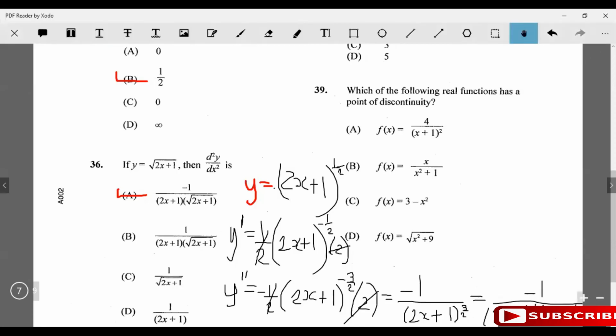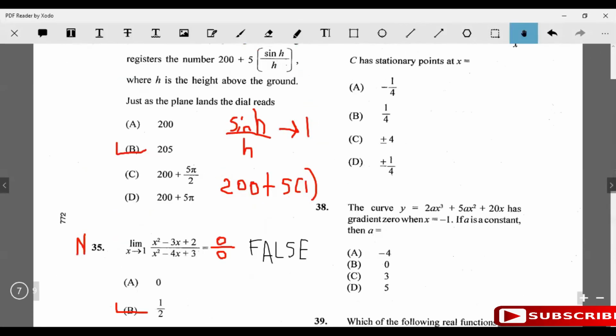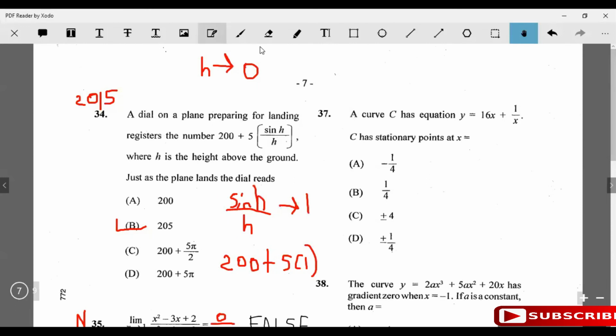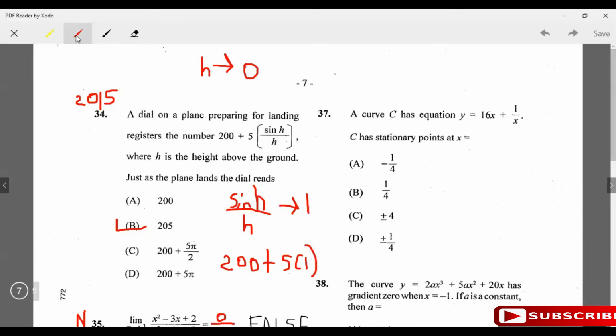So we're almost finished, almost there. Question 37 asks: a curve has equation y is equal to 16x plus 1 over x. What are the stationary points of this curve? To find the stationary points, we need dy by dx or y prime.